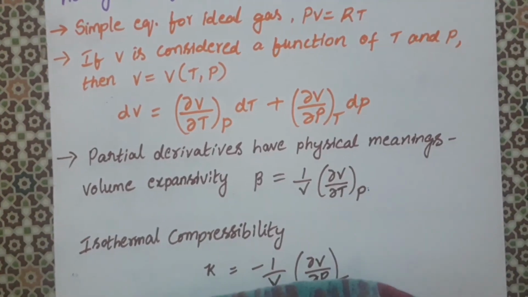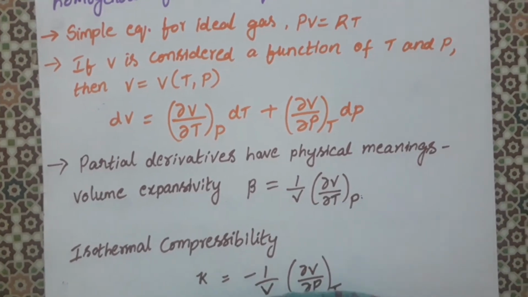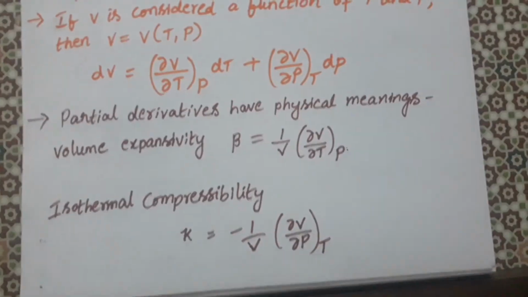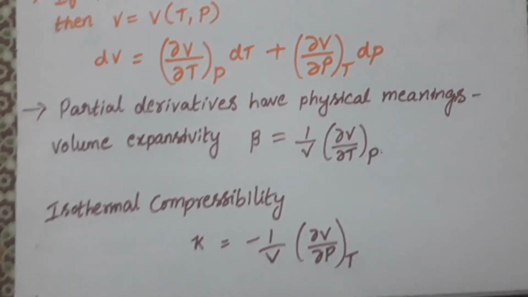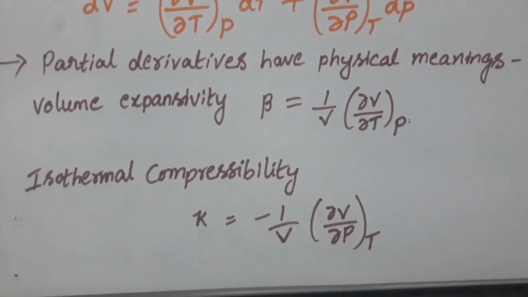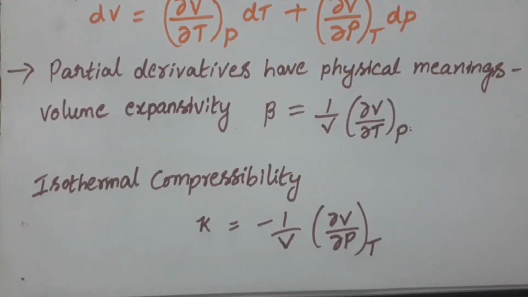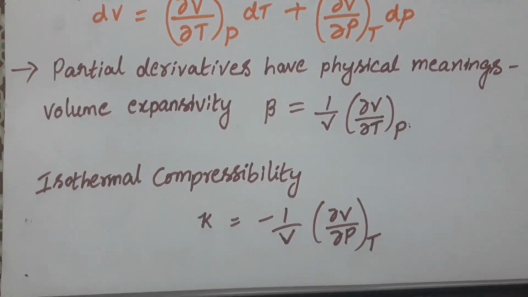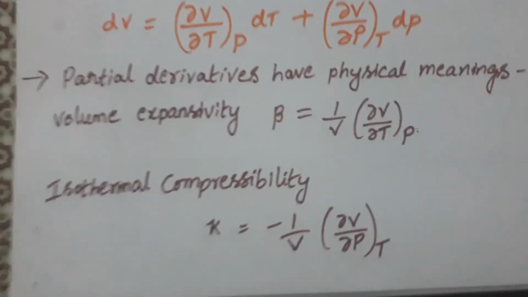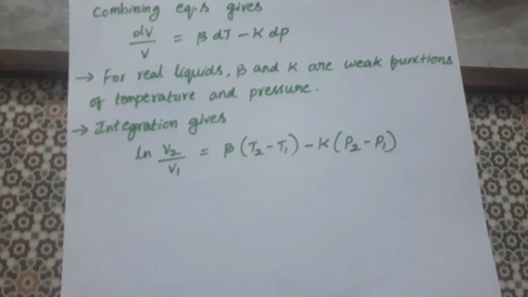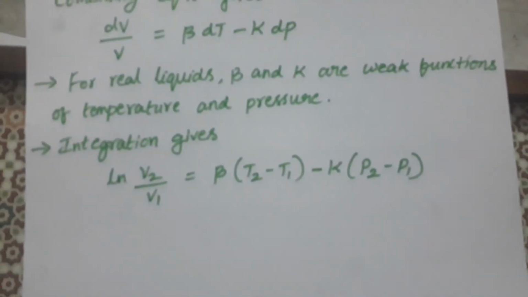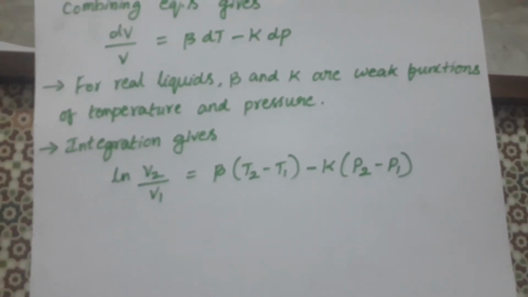That is the volume expansivity β, which is (1/V)(∂V/∂T) at constant pressure, and the isothermal compressibility κ, which is equal to −(1/V)(∂V/∂P) at constant temperature. Combining these equations gives dV/V = β dT − κ dP.